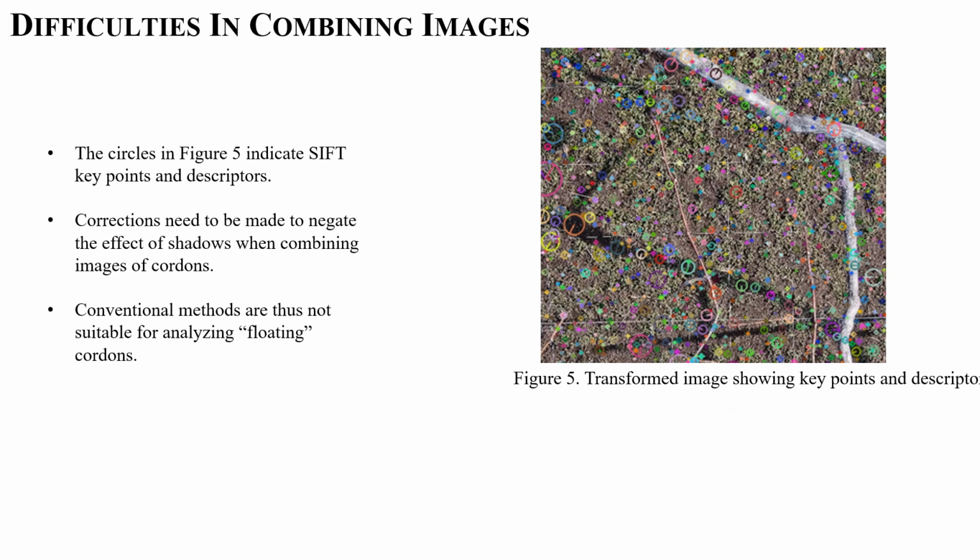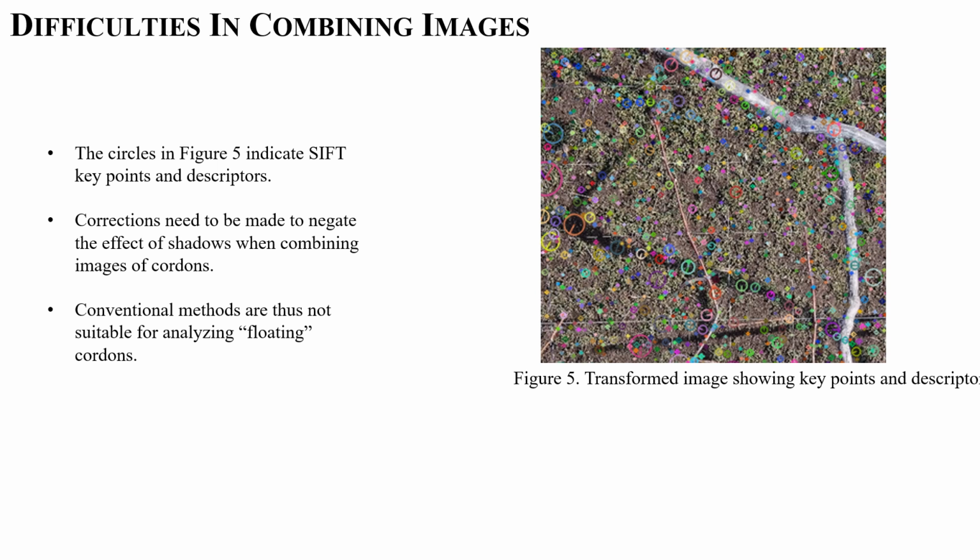Figure 5 presents an image obtained by applying the SIFT algorithm to the central part of Figure 3. The circles in Figure 5 indicate SIFT key points and descriptors, with the circle radius representing the feature scale. Upon examining the SIFT key points in Figure 4, we found that many of the identified key points were associated with features above the cordons.